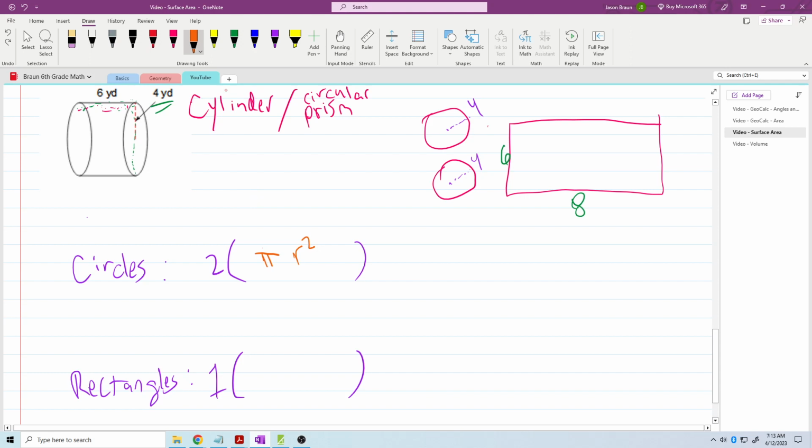We have all of our values now, right? Because we really only have one unknown number here, that's the radius. It's given to us. Boom, we can solve. So let's do so. So my 2 from the outside, pi, and then radius, which I'm going to put the 4 in its place.